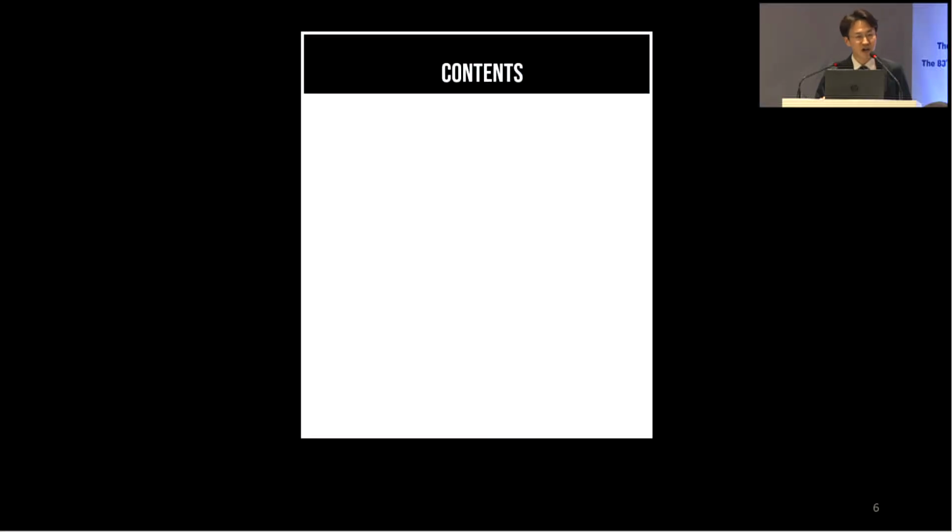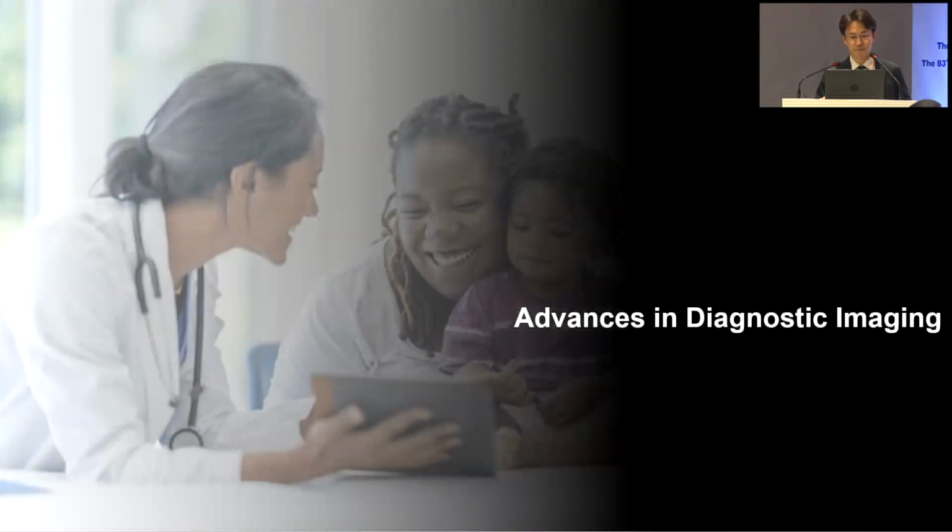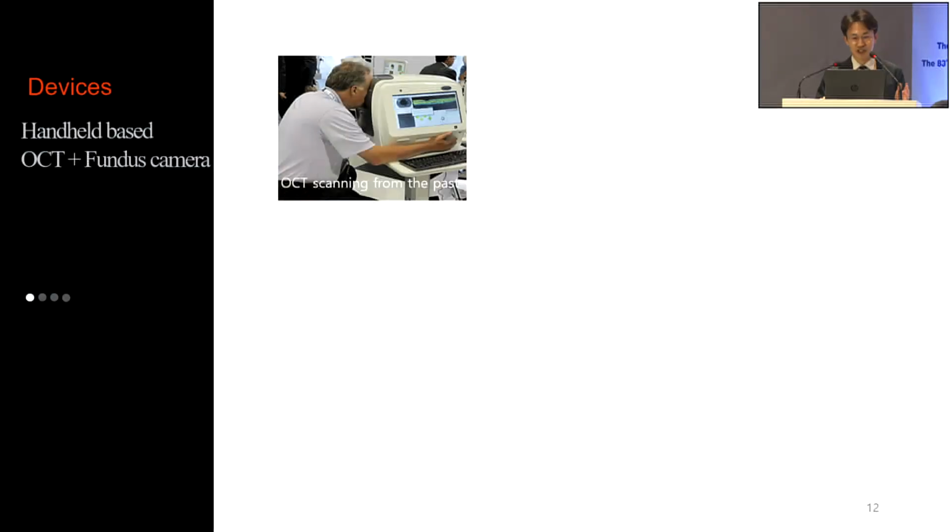Today, I will talk about three main topics: advancing diagnostic technology, updating treatment, and newly emerging diseases. By the end of this talk, I hope we will all gain a clearer sense of how the future of pediatric ophthalmology is evolving. Let's start with advancing diagnostic imaging.